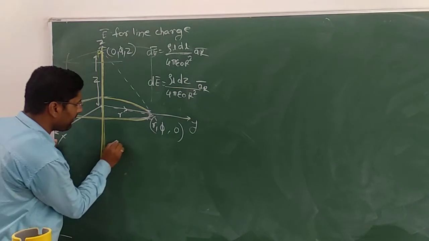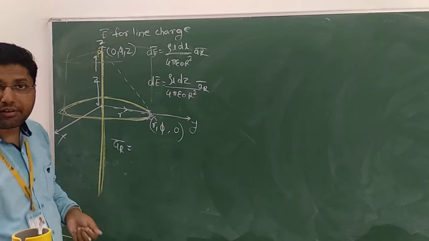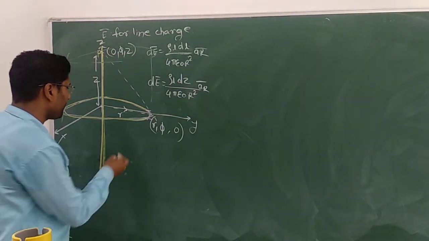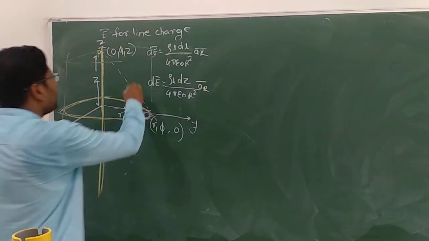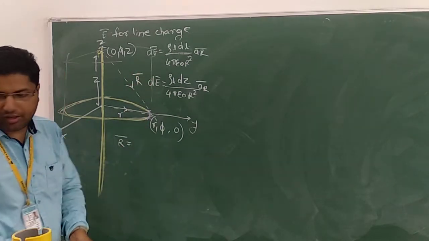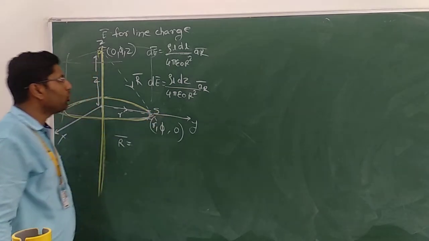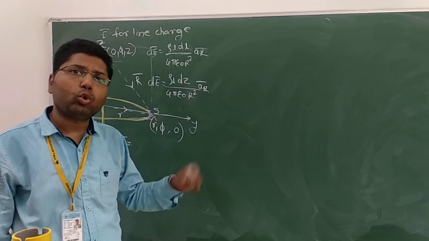How to calculate aR bar? First of all, you have to calculate R bar. Now see the direction of R bar. Suppose this point is S; the direction of R bar is from P to S. Why?